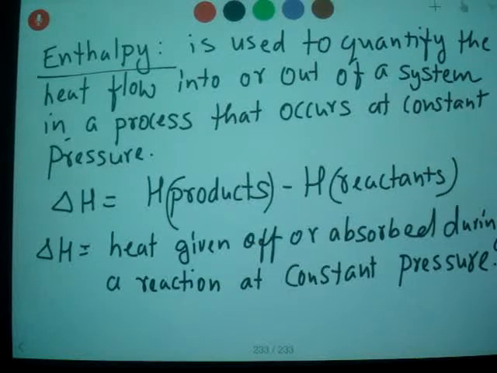So now let's look at two examples, and then you can find delta H of that system. I'm going to go to the next slide.